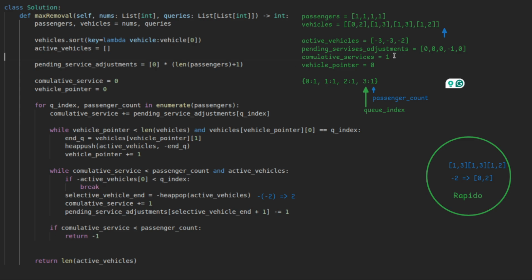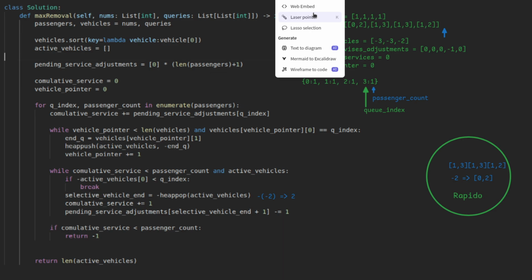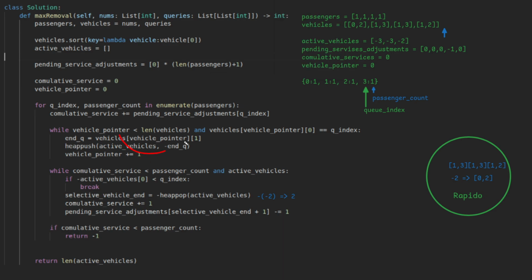So here it will be 1 minus 1, that will be 0. So cumulative services is 0. We are not able to add any vehicle here because the vehicle pointer has already exceeded.